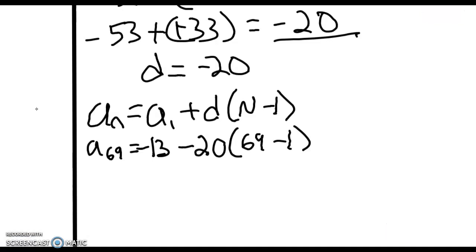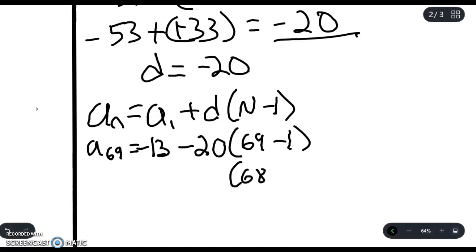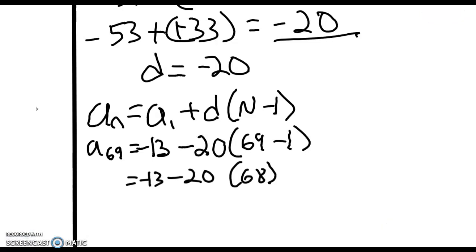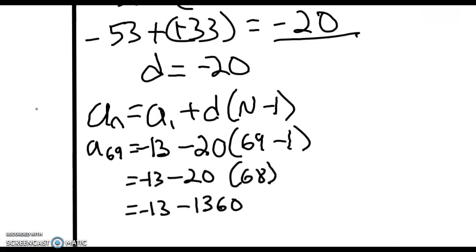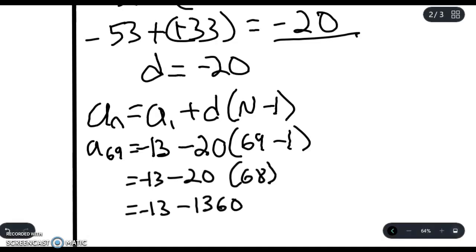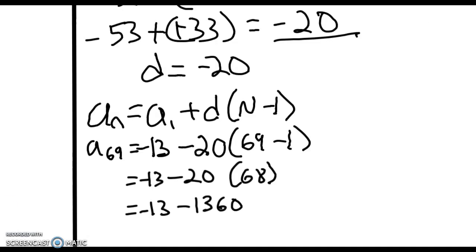69 minus 1 is going to be 68. Okay, we're going to do the multiplication first. Negative 20 times 68 is going to get me negative 13 minus 1,360. All right, and then our last step, same sign, find the sum.